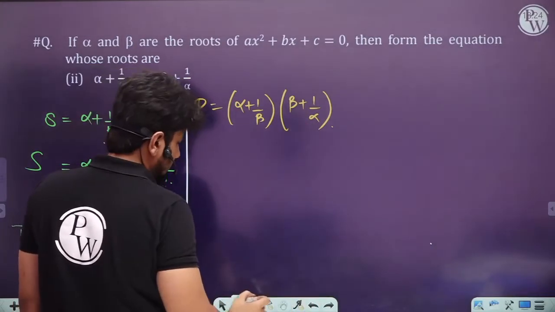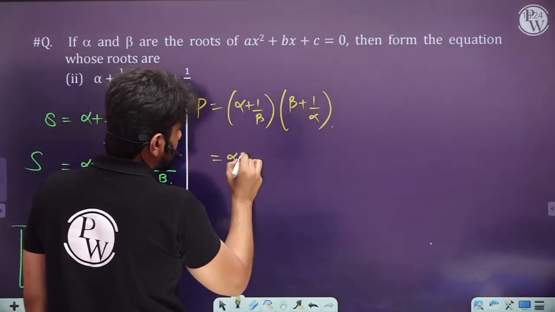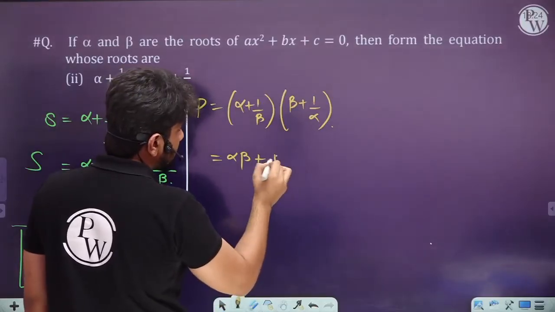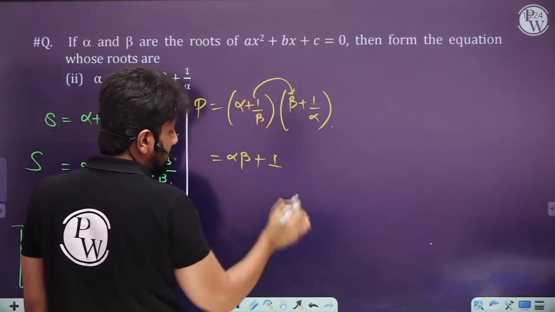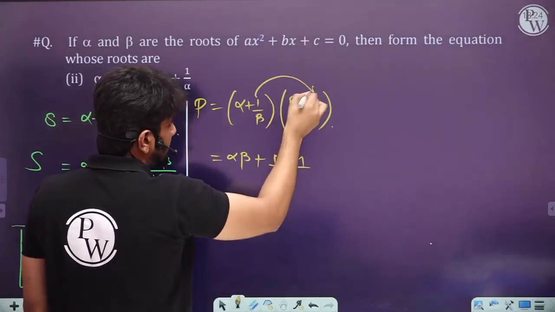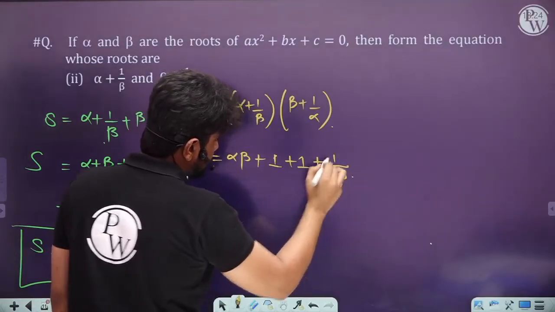So here we have alpha into beta, plus alpha multiplied by 1 by alpha will give us 1. 1 by beta multiplied by beta will give us 1 again. 1 by beta multiplied by 1 by alpha will give us 1 upon alpha beta.